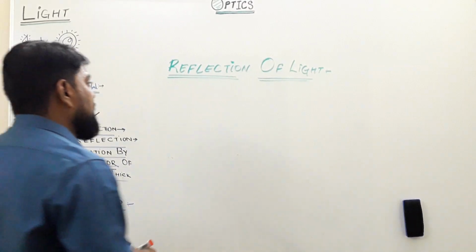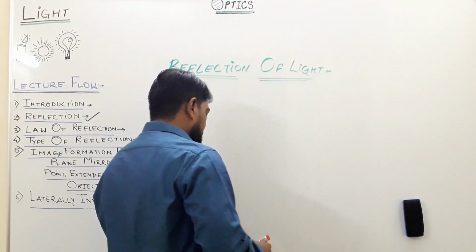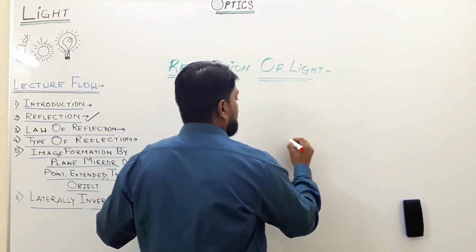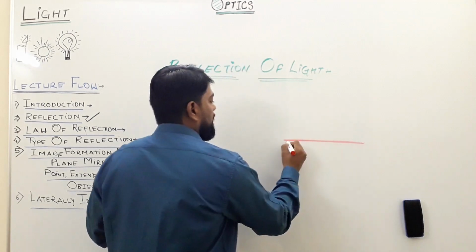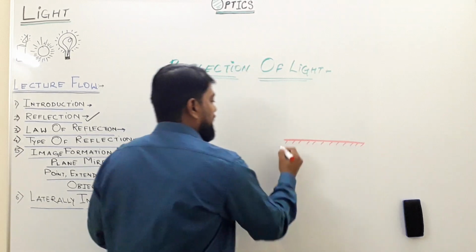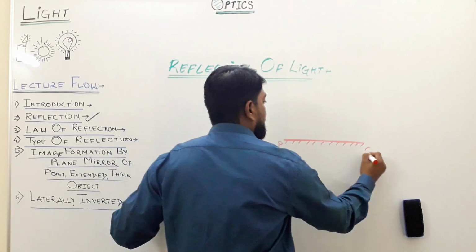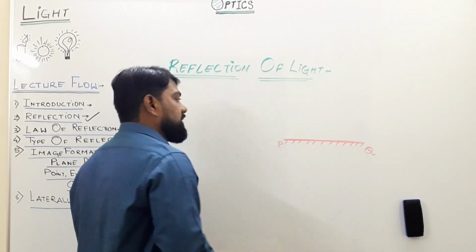Here, what happens? We have taken this symbol, we are having what? A mirror, named P and Q. So what happens in this case?